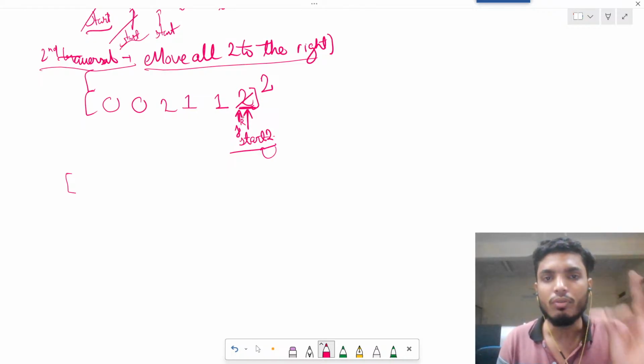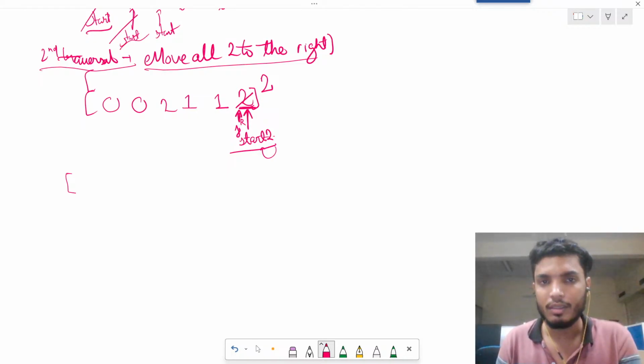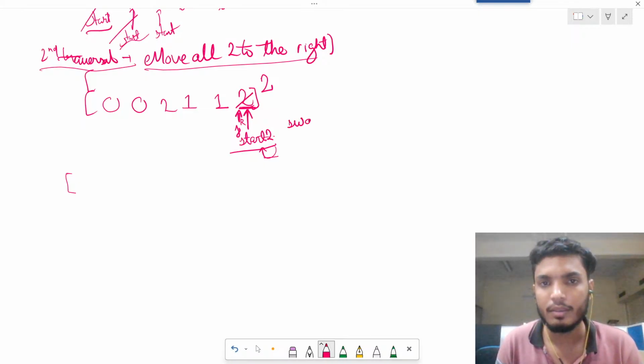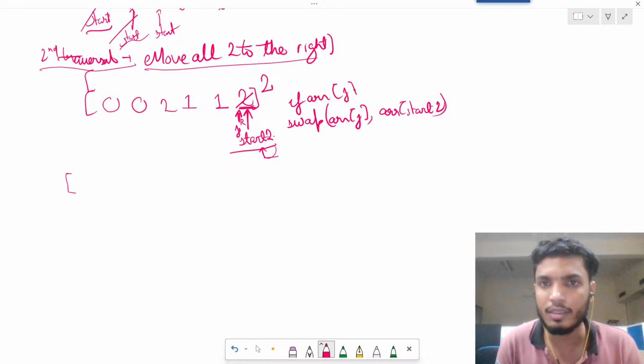And if arr of J is 2, swap arr of J with arr of start 2, because start 2 is indicating where my 2 should be. So I'll simply swap arr of J and arr of start 2 when arr of J is equal to 2.